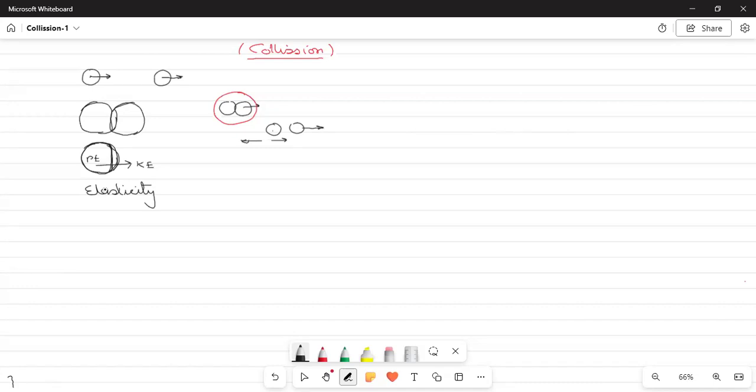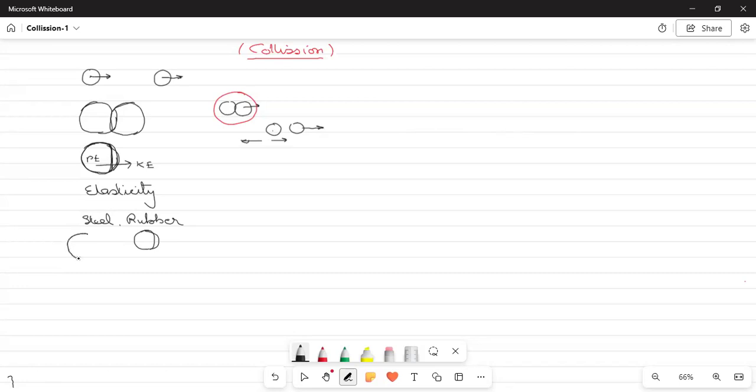But materials like steel and rubber are very elastic, almost 100%. A rubber ball, if it is deformed like this, will quickly regain its shape.